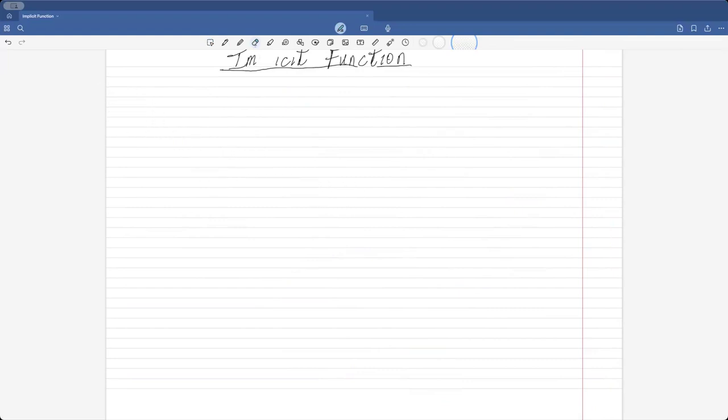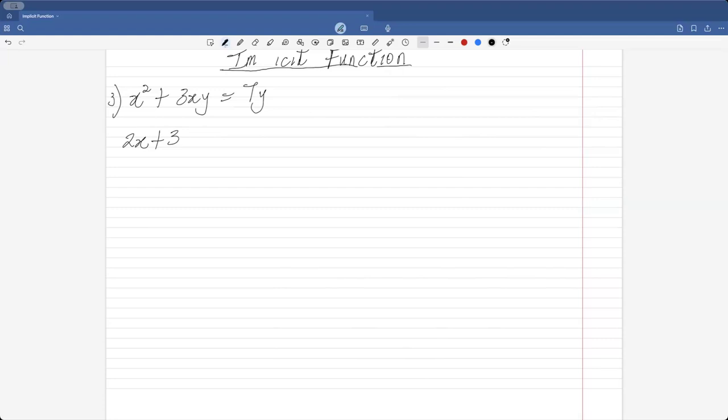So we have question 3. Let's say we have a function that says x squared plus 3xy equals 7y. The derivative of x squared is 2x plus we have 3 here for simplicity.